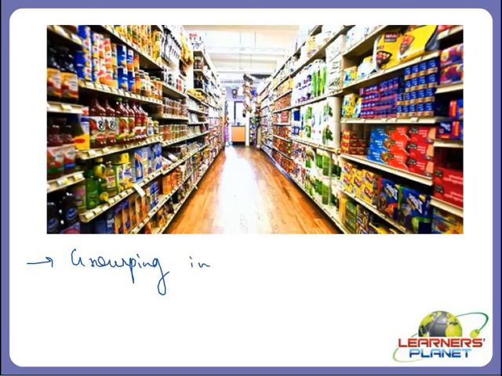So, this is an example of grouping in a supermarket. Next time, whenever you visit a supermarket, you can observe that many things are kept on the same shelf so that you can find your favorite item very easily. And that is why this grouping is done.